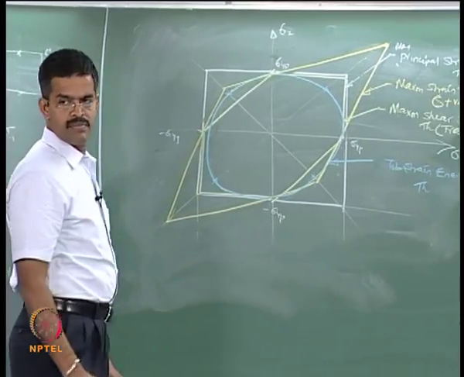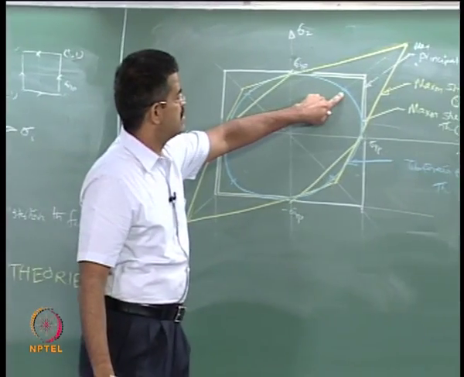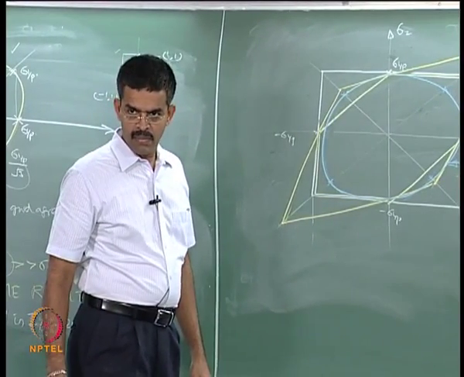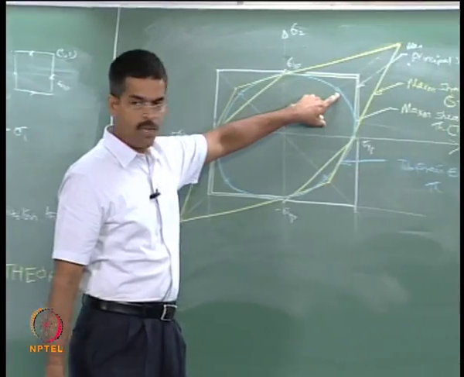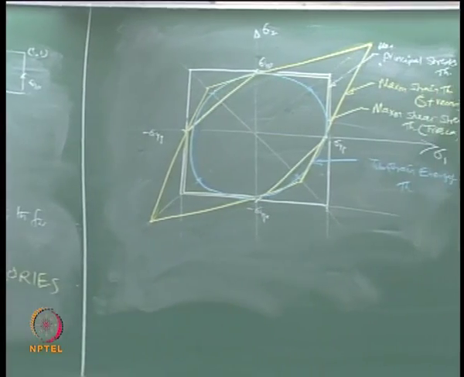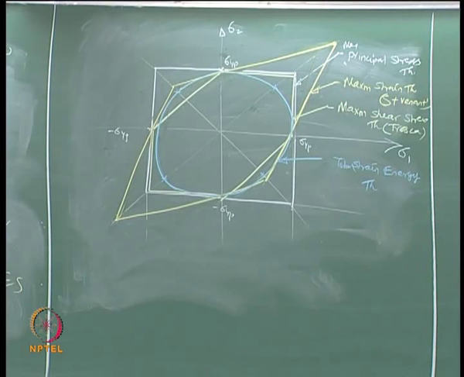We already have them. What are these values in major axis? Major axis sigma yp, is it? Total strain energy theory. I think it is 0.87, no?